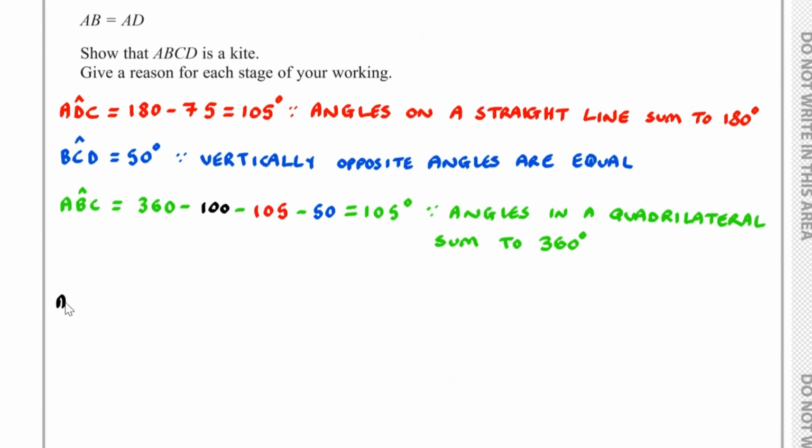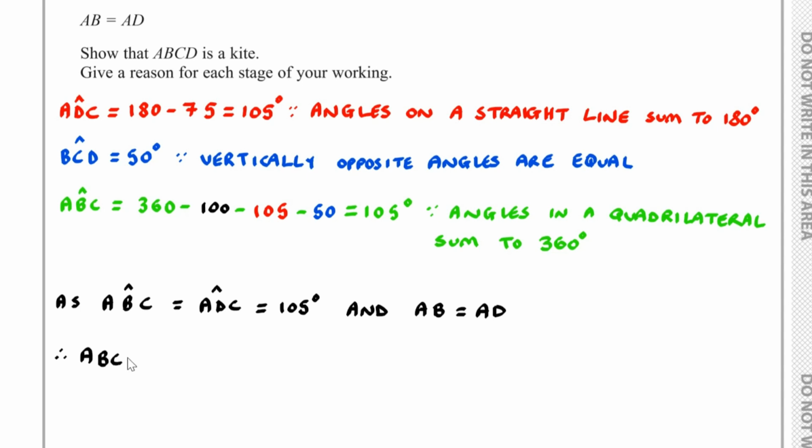So as the angle ABC equals the angle ADC, which is 105, and we also have the length AB equaling AD, we can therefore conclude ABCD is a kite.